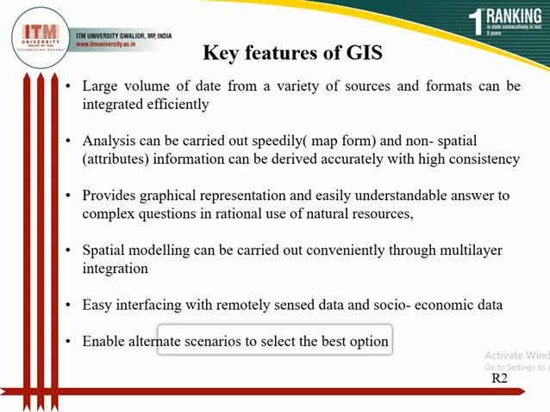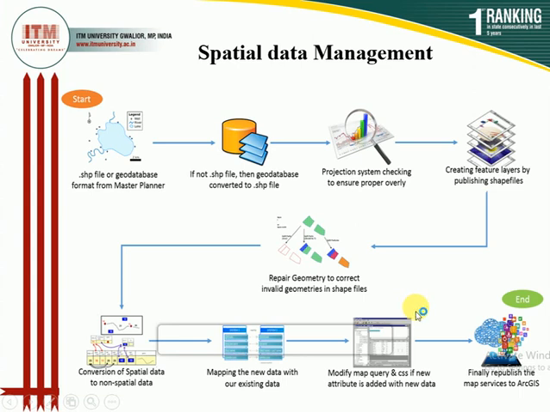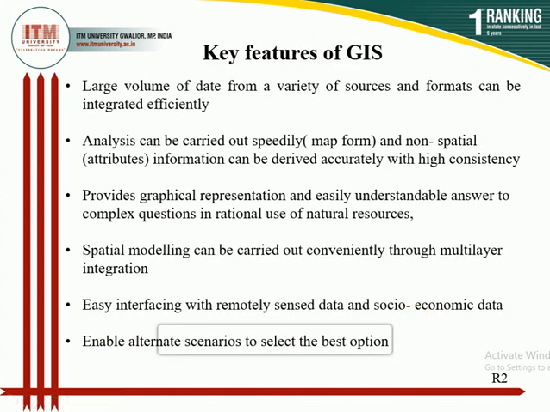Modeling is a mathematical expression or mathematical form of all sorts of data, a systematized form through which we can clearly see the information properly. With the help of GIS, the remote sensing and socio-economic data are all collaborated properly, and the best answer of a complex question can be obtained. Now, how spatial data are managed properly in the GIS, that we will see.